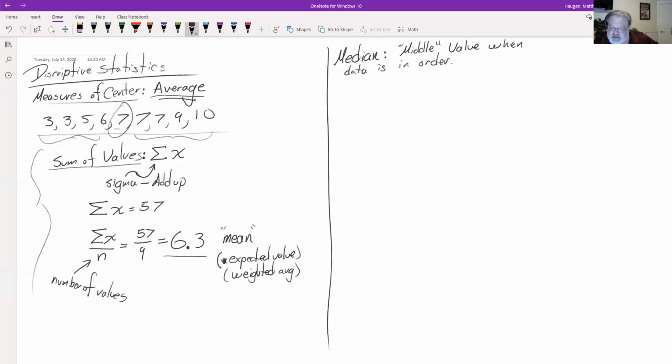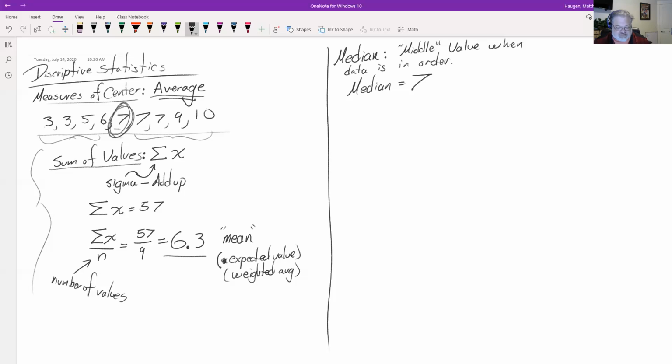Okay, so the median is that middle value when we put the data in order. So that 7, our median, is just that, 7, that middle data point. Now, not only is in some ways that easier to calculate, but it does give us a center based on a different logic. It is our center based on position, based on order.